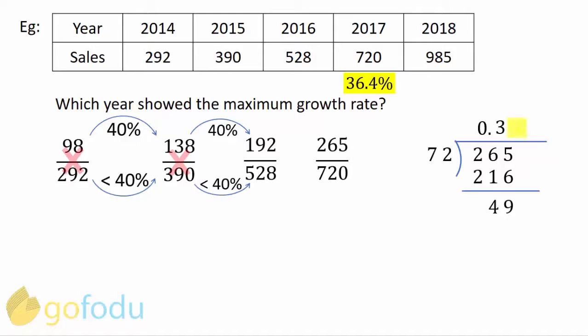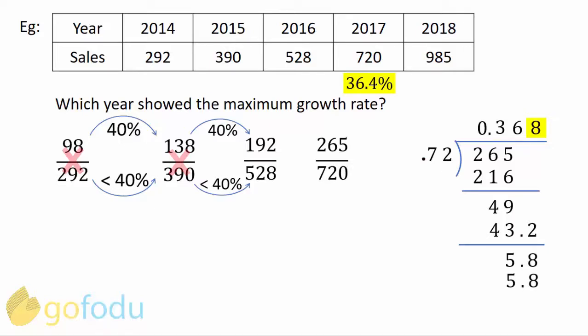Now dividend is less than divisor, so put a decimal in the quotient. 7.2 should be multiplied by 6. This gives us 43.2 and new dividend as 5.8. Now shift the decimal in the divisor. 0.72 multiplied by 8 gives us exactly 5.8.